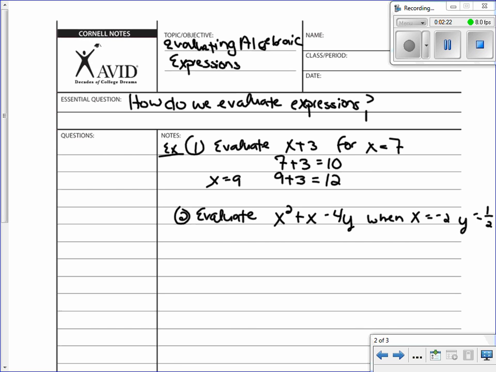We know that x equals -2, so we're going to substitute every x with -2. The first term is x squared. Whenever we substitute, I like to use parentheses.